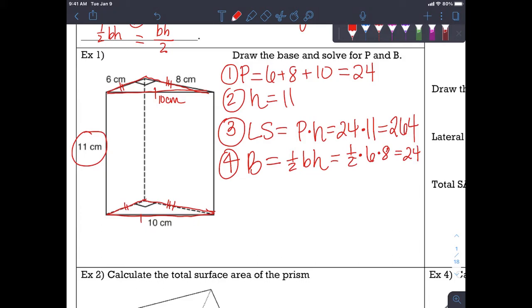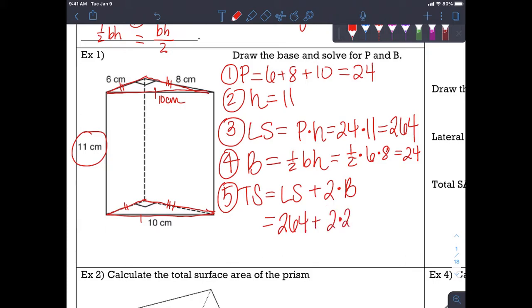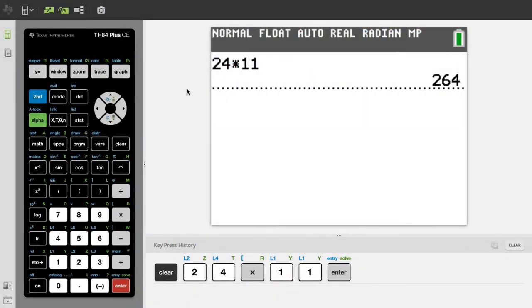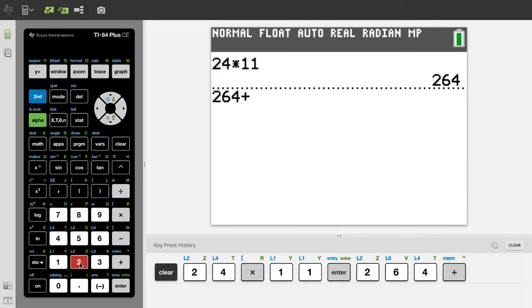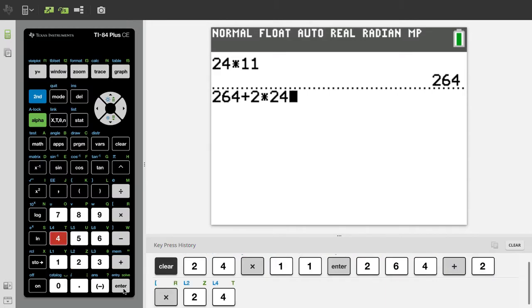Now I can calculate my total surface area, which is going to be my lateral surface area plus 2 times the area of my base. So I can plug in all those numbers and drop those into the calculator. All right.